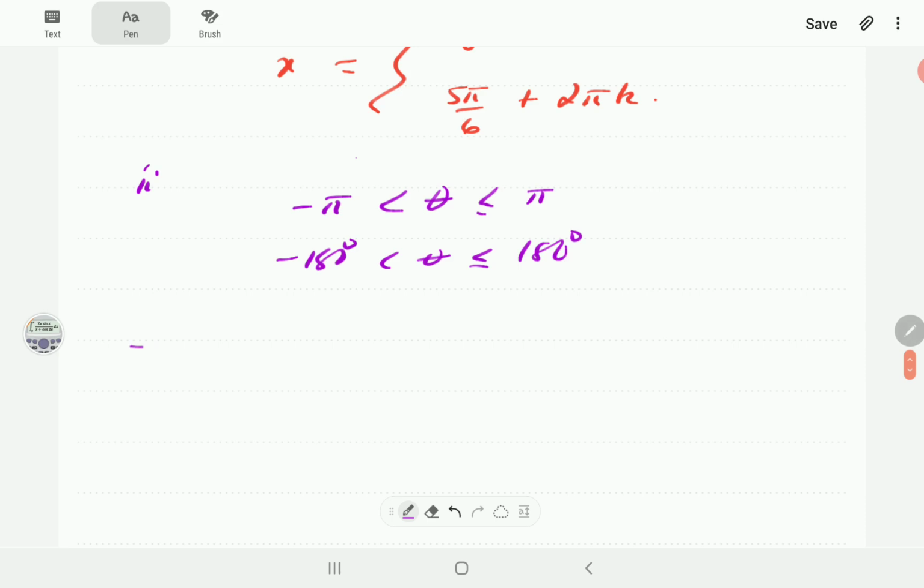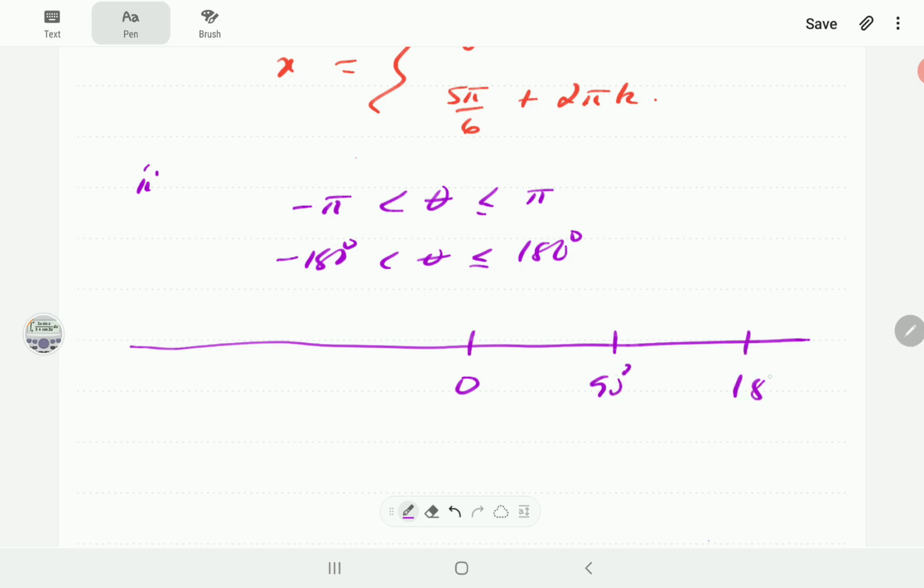So one way of doing this is using a number line. So if this is 0, 90, 180, -90, -180. So we want all angles in this interval.